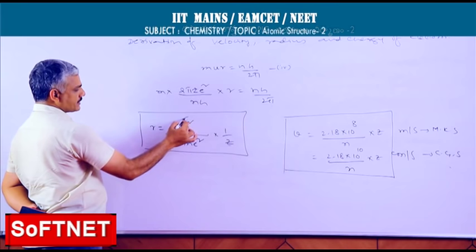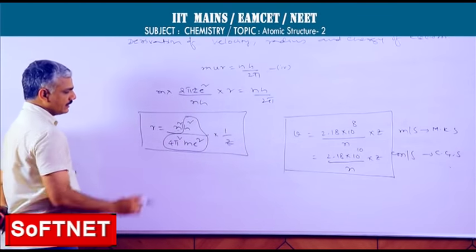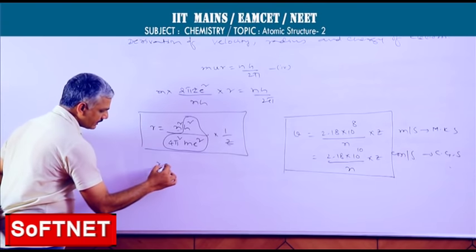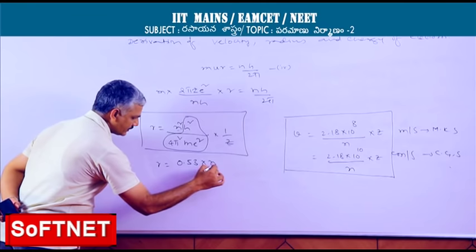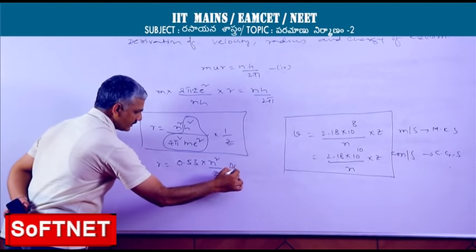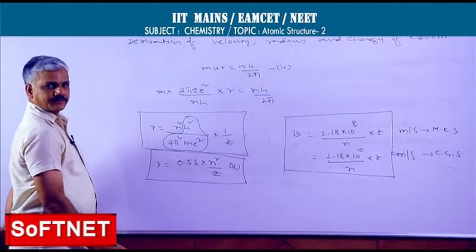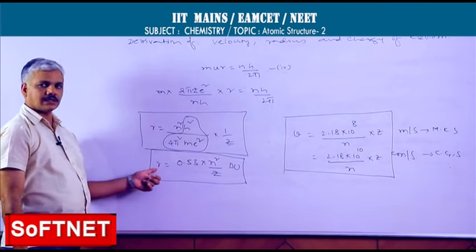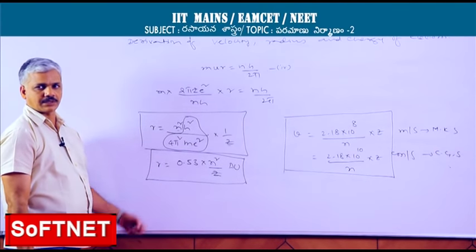Now, we can substitute the constant terms here. Then, this equation can be simplified as r is equal to 0.53 into n square by z. This value is in terms of angstrom units. This condensed relation can be used for the calculation of radius of orbit.